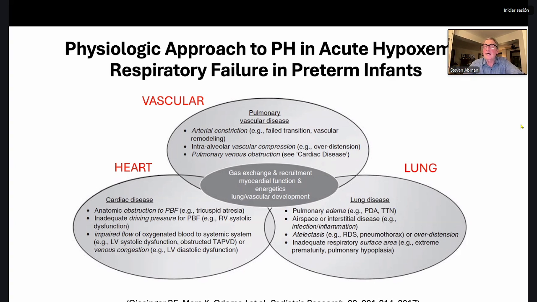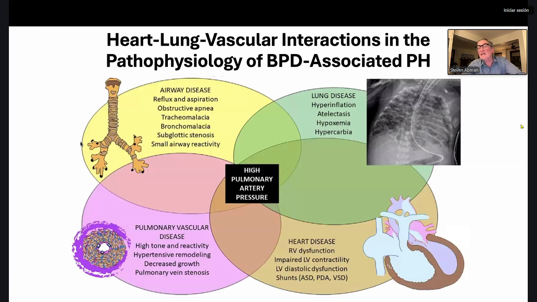Understanding how to optimize the lungs safely while minimizing ventilator-induced lung injury. It's really these interactions and the overall integration of physiologic principles into care that seems to make the difference. And that's what I think about when we think specifically about BPD-associated PH.